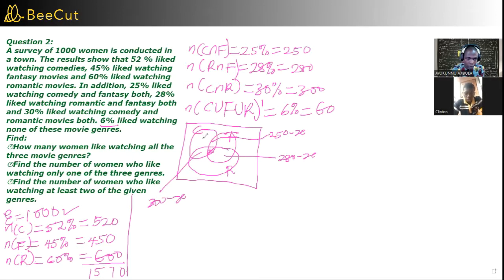We don't know the number that is in only comedy, only fantasy, and only romantic, so we can represent them with letters. I pick P, Q, and K; I don't want to use R because I have R here.